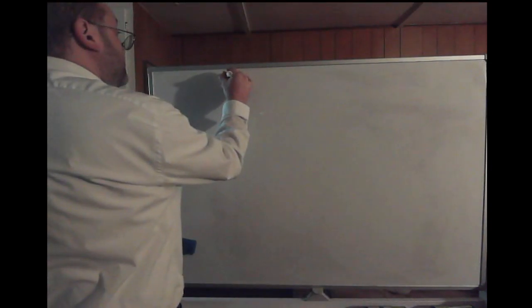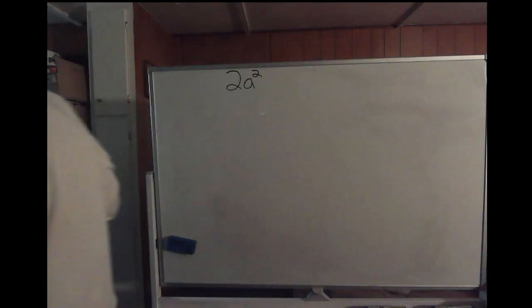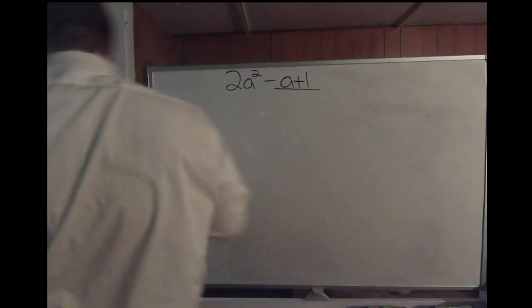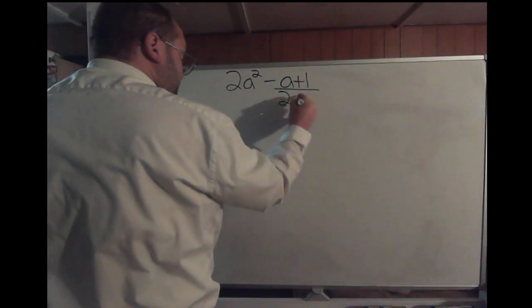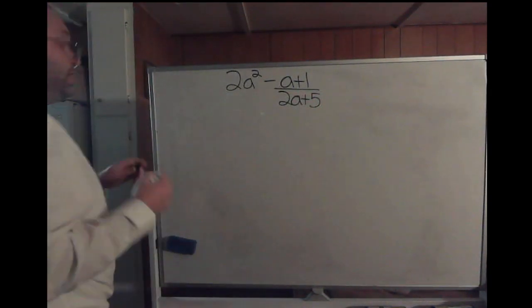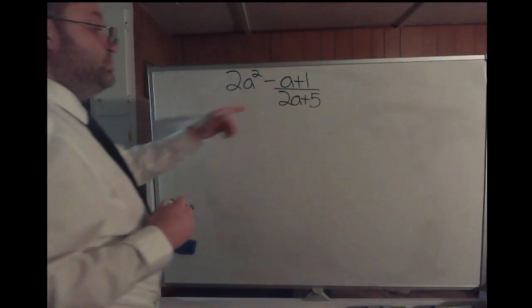Let's see here. 2a to the second minus a plus 1 all over 2a plus 5. Alright, so we have 2a to the second minus a plus 1 all over 2a plus 5.